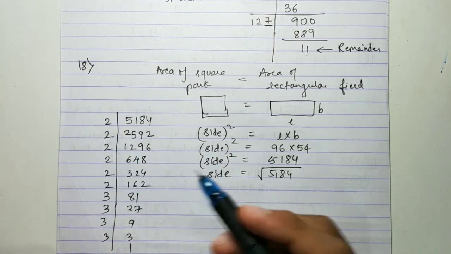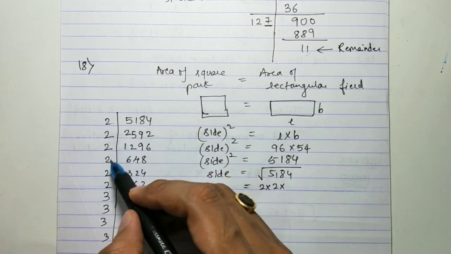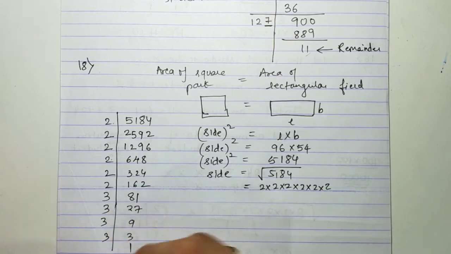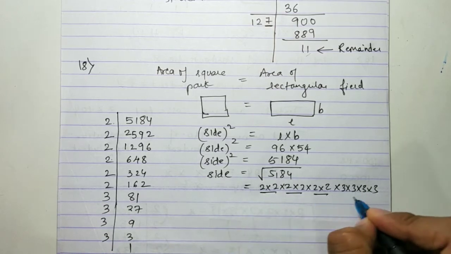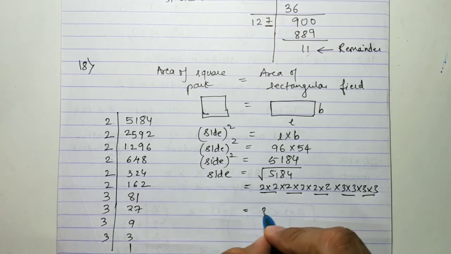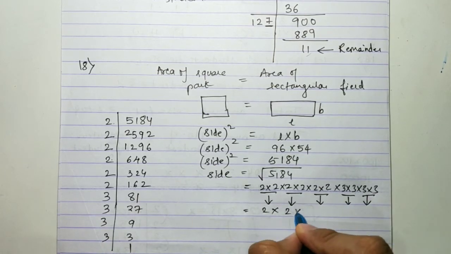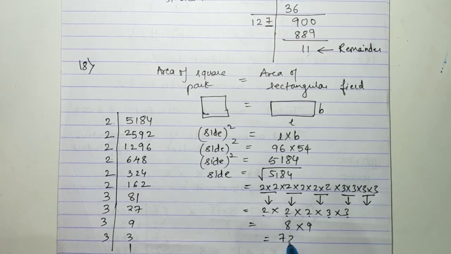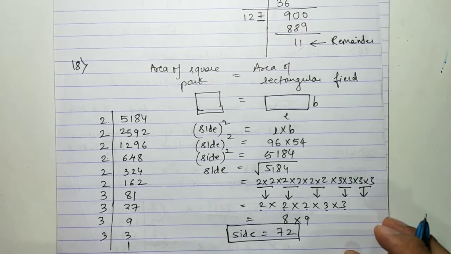So this is the prime factorized value, that is 2 into how many 2's? 1 2 3 4 5 6 2's and 4 3's. So make pairs and take one number each. So 2 into 2 is 4, 4 into 2 is 8, into 3 is 9... 8 into 9. Your answer is 72. So the side of the square is 72.